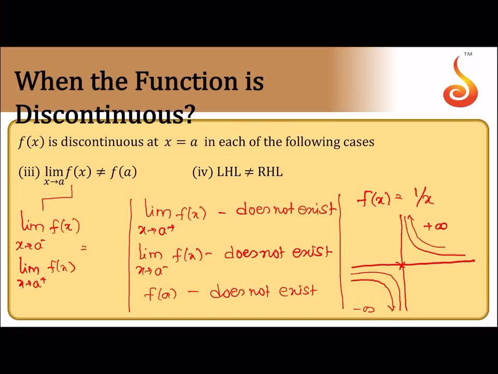If you go to the right hand side, you reach plus infinity. At 0, the function is not at all defined. You can't take 0. So the left hand limit is not equal to the right hand limit, and at 0 the value does not exist. Clearly, this function is discontinuous at x equal to 0.